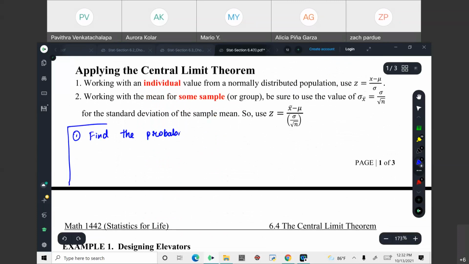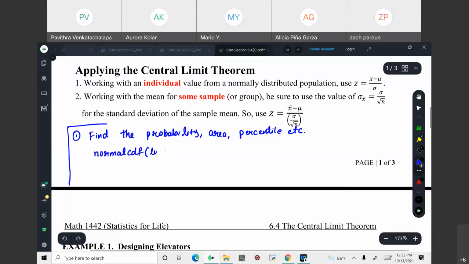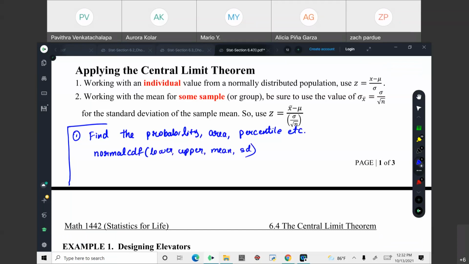Or it could be area, or say percentile, etc. So generally you find this in your calculator using Normal CDF: lower, upper, mean, and then standard deviation. Correct? That is how we find the probability, right?